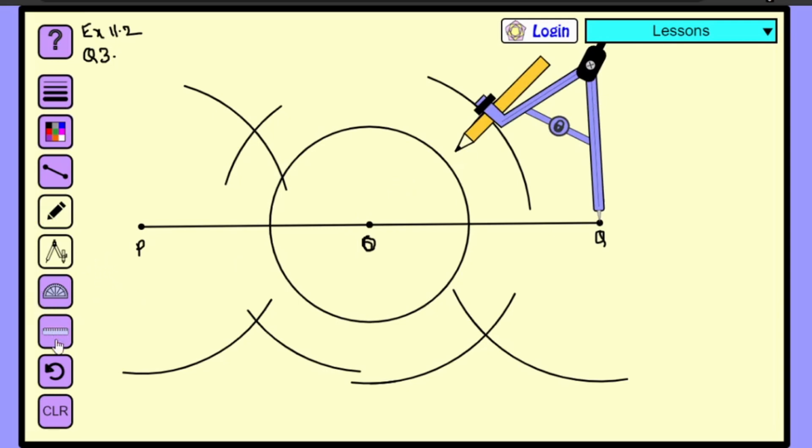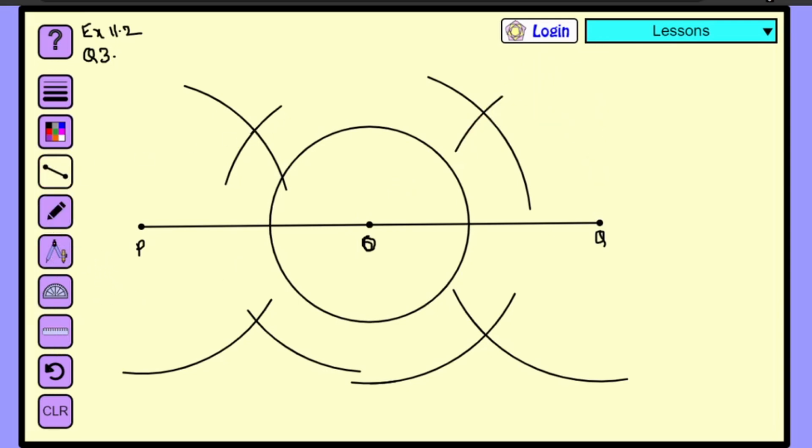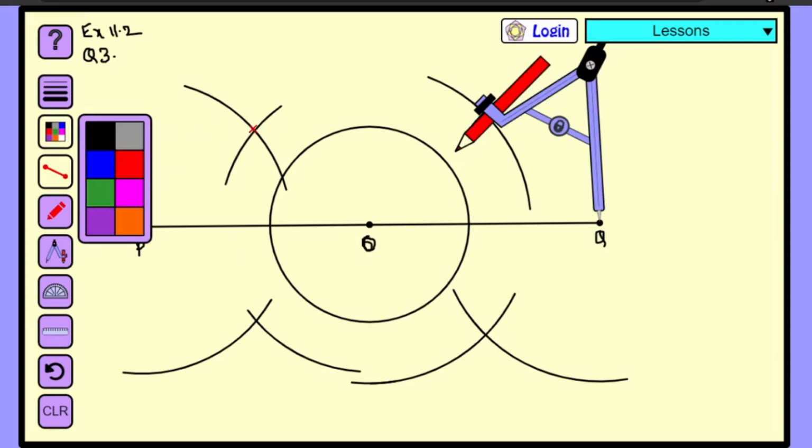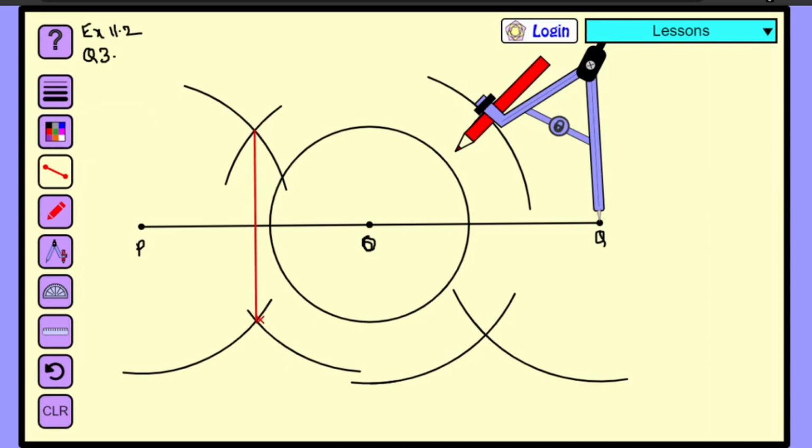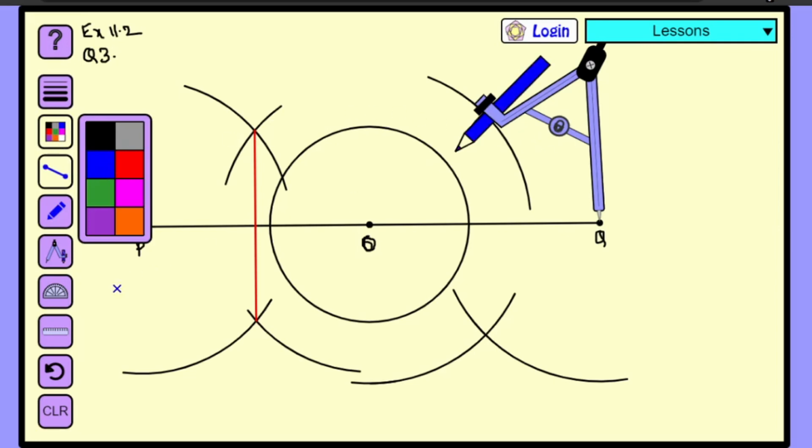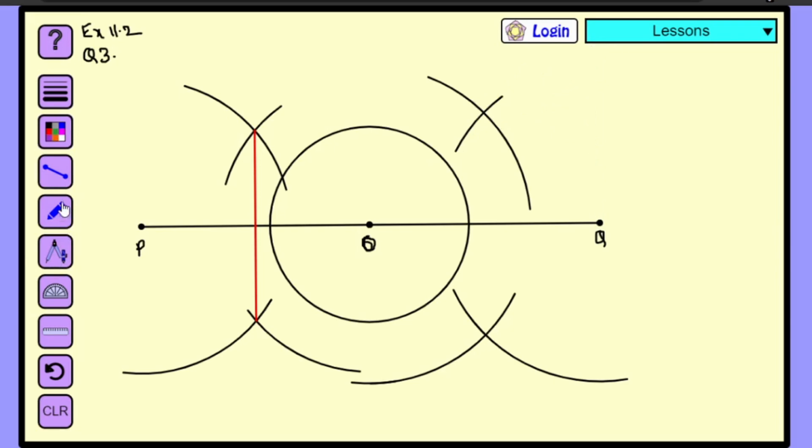Now, I am joining these with a different color so that you are able to see the line segments clearly. So this is one line segment. Another color I'm taking and I'm joining this one also.